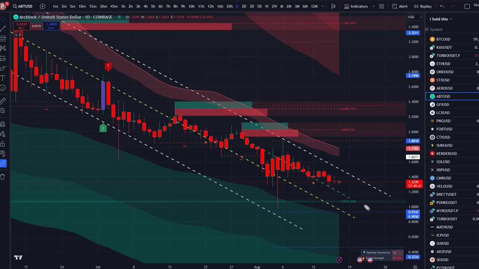ABT only needs to come to this area here. So if you look at it, if it keeps making candles and keeps coming down, ABT is easily going to hit $1 again until ABT decides it's going to break this white line and sets a candle above this white line and even maybe a second candle above the white line. ABT is not going to make the move up until you get these confirmation candles.